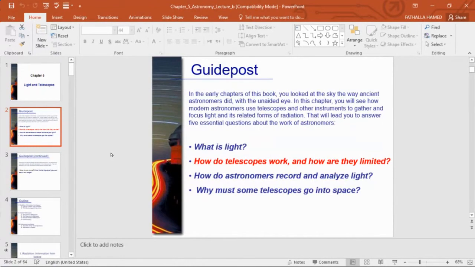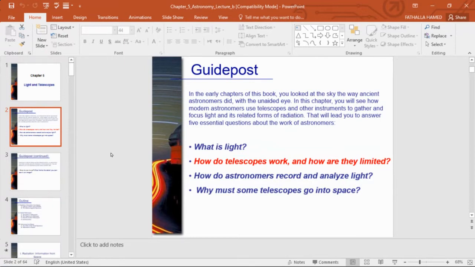In this chapter, you will see how modern astronomers use telescopes and other instruments to gather and focus light and its related forms of radiation. That will lead you to answer 5 essential questions about the work of astronomers.